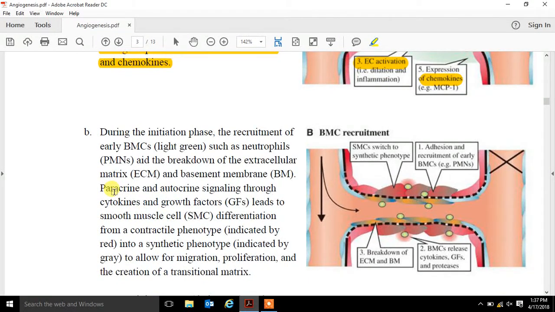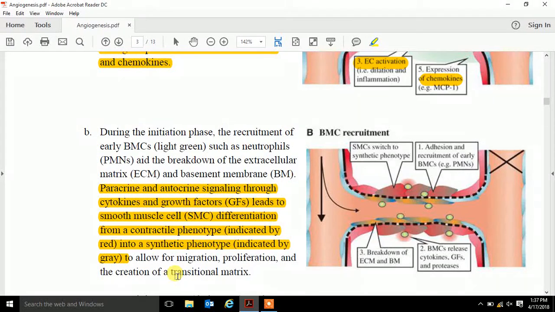Paracrine and autocrine signaling through cytokines and growth factors leads to smooth muscle differentiation from a contractile phenotype, indicated in the image as red, to a synthetic phenotype, which is gray. And that starts to build what's called translational matrix. I'm not going to highlight that.